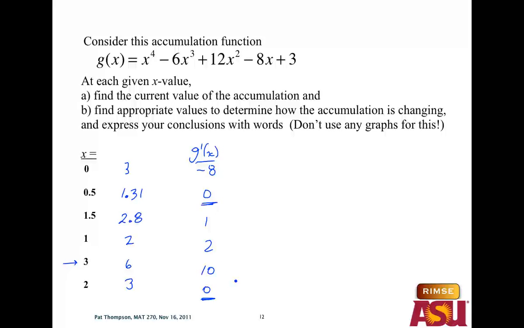Can we say any more? It's increasing faster than x equals 1. Okay? For a small change in x at x equals 3, y is increasing at a rate 10 times the change in x.